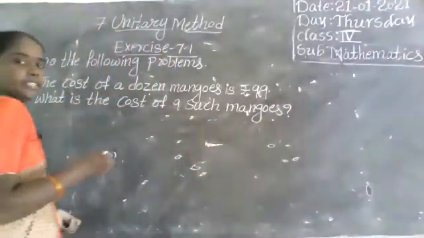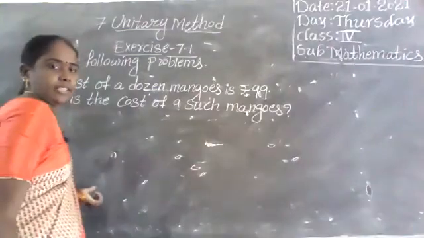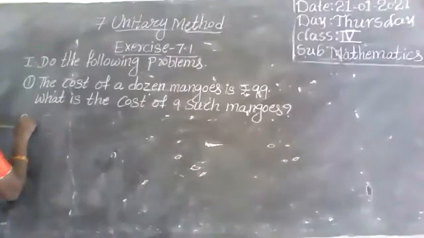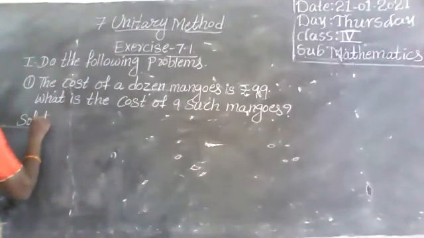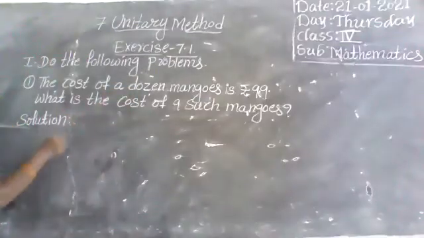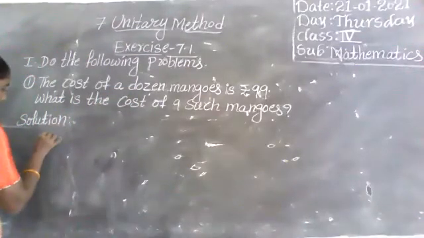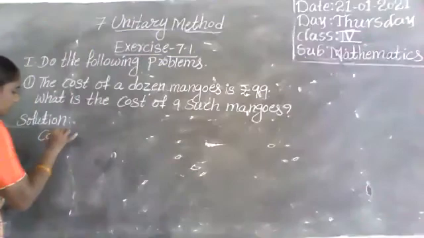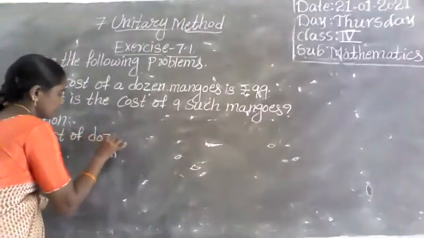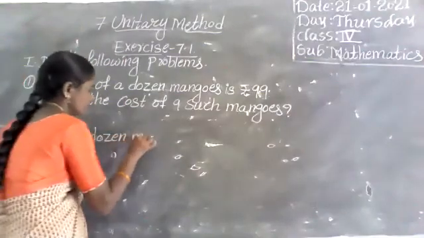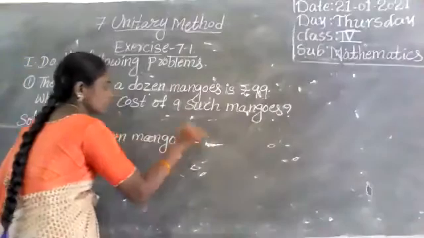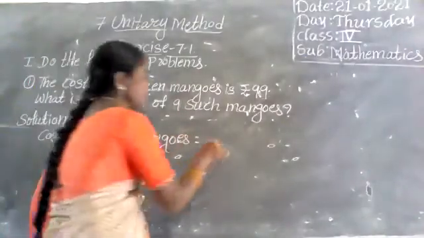The cost of a dozen mangoes is rupees 99. What is the cost of 9 such mangoes? First, write the steps. The first step is the cost of a dozen mangoes. The cost of a dozen mangoes, how much? 99 rupees.